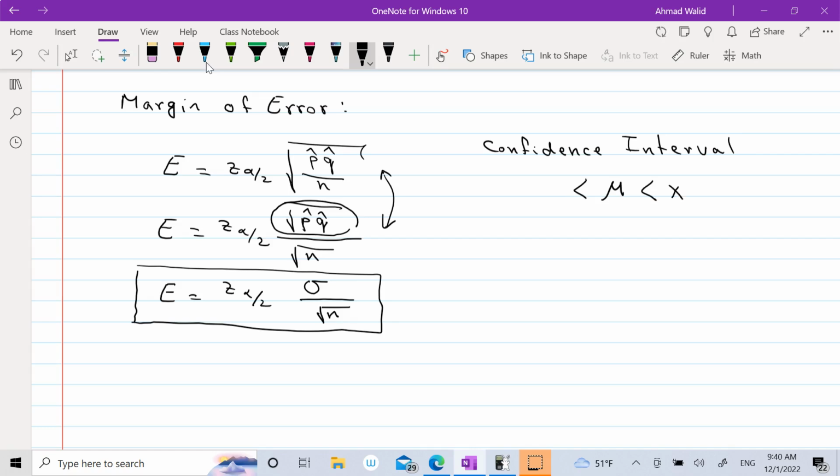Point estimate for mu is x bar, then x bar plus E on the right side for the upper limit, x bar minus E for the lower limit. Or in some notations, they write it this way. We use this notation in class, but in some notations, it's x bar plus or minus E. It's the same meaning, but we usually use this one for the class.